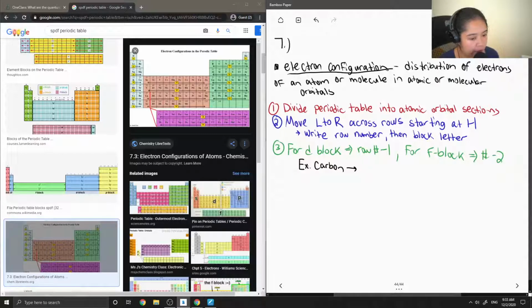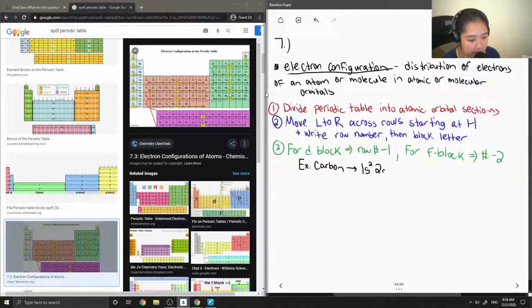Let's move left to right starting at the hydrogen. Hydrogen is up here. It is 1s. Helium is 1s. So I write 1s2 to show that these are the 2 electrons in the 1s orbital. Then moving across brings us to lithium and beryllium in 2s.